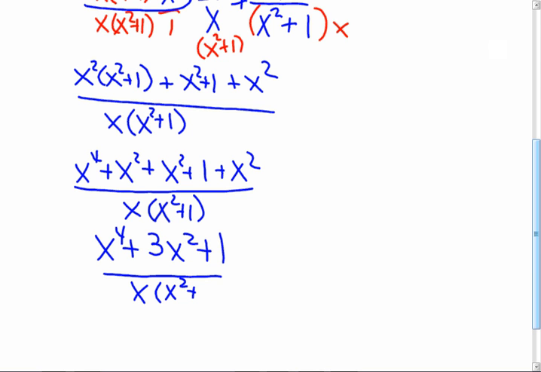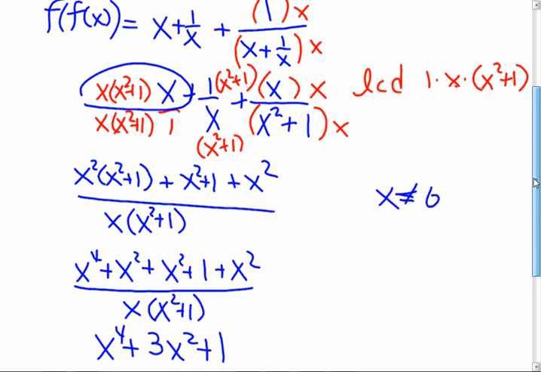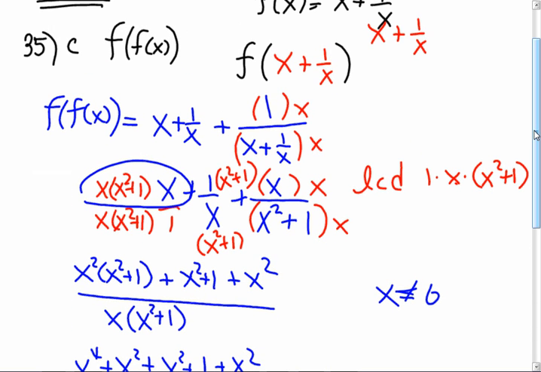To do the domain, I can look right here and say x can't be 0, but I need to see if there's anything else. Then I've got to go back up here to the original. Well, the problem is I have to look at this. x can't be 0 here, x can't be 0 there, but this whole green fraction, x plus 1 over x, can't be 0. Now, what's wrong with solving that by just doing it by inspection?